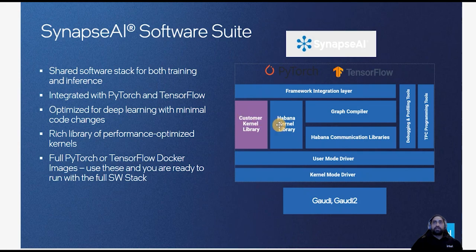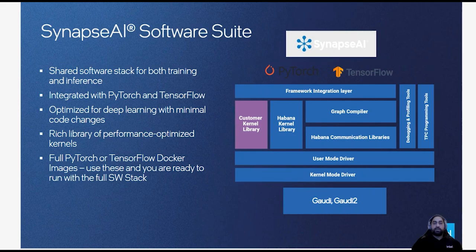We have a rich library of kernels which are performance optimized for this AI chipset. And we have a very big artifactory of PyTorch and TensorFlow Docker images, which are ready to download and good to go. You can just download these images and then run your AI accelerator models on top of them.